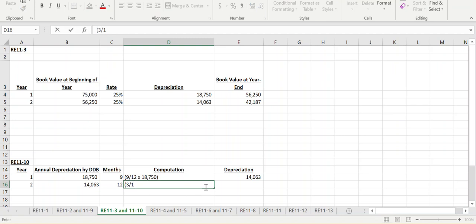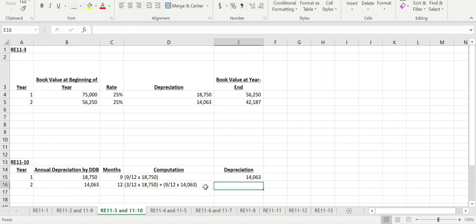So that means we still had 3 months out of 12 at the $18,750. Plus, we now have 9 months out of 12 of the $14,063. So that means in total, we would have $15,235 in depreciation expense for year 2 if it was doing partial period depreciation.